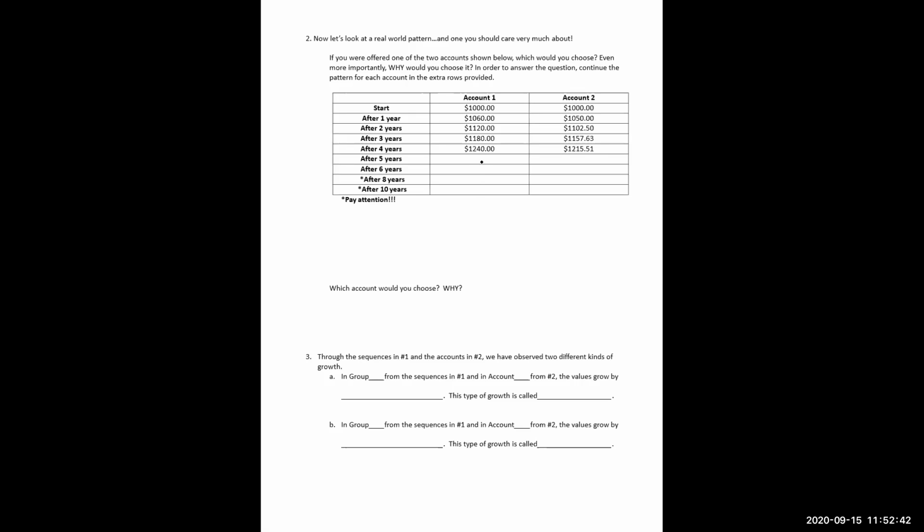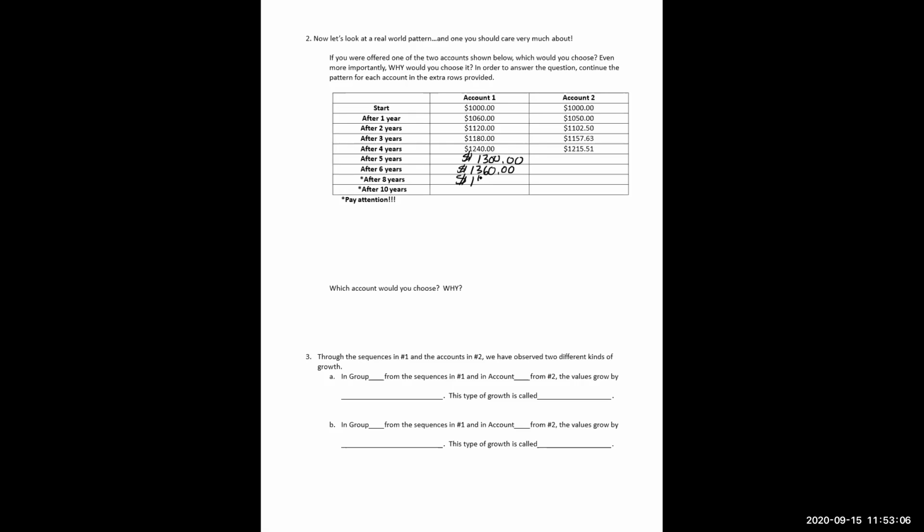So welcome back. After 5 years, you should have seen that in account number 1, I'm going to do account 1 first, $1,300. After 6 years, $1,360. Now notice the jump here. We went from 6 to 8 years, so we had a 2-year increase.